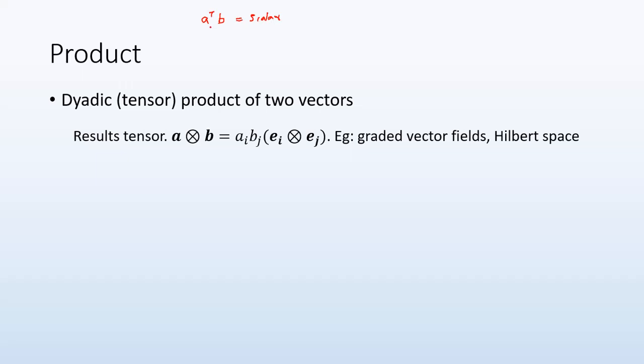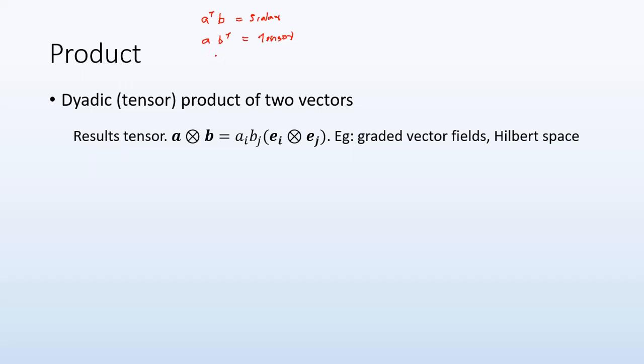That is, multiplication of two vectors will give you another with a reduced rank. Similarly, if you multiply A with the transpose of B, what you will get is a tensor.